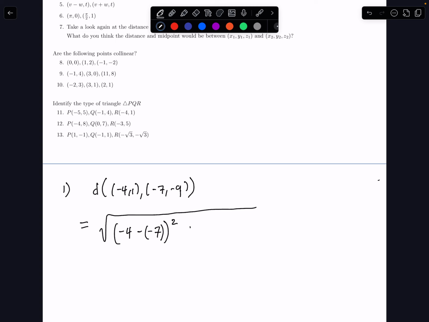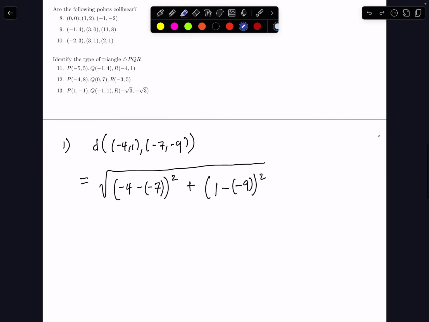Squared, plus y1 minus y2, which is -9 (I'm sorry, y1, I mean, y1 minus y2), whole thing squared. So showing your work, this is the first step you need to show. And then you can take one more step to simplify and then the final answer.